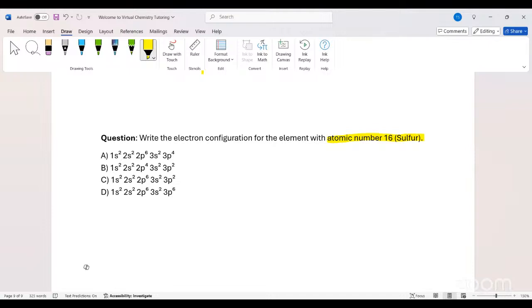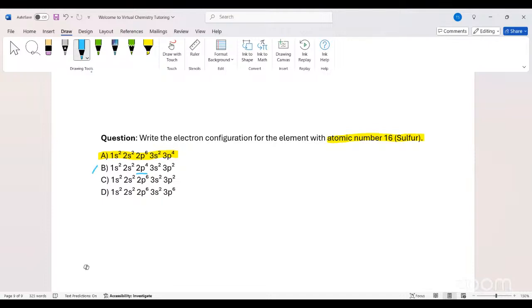Okay, so I see several of you all put A. And you are correct. If you look at some of these other answer choices, like letter B, they have filled P. So we know that's not even right.